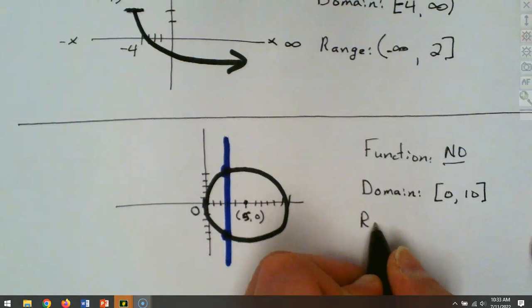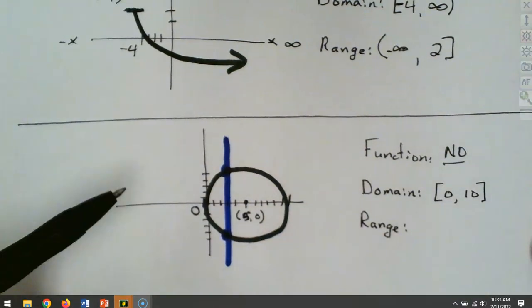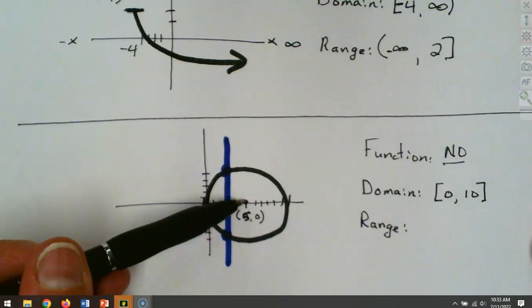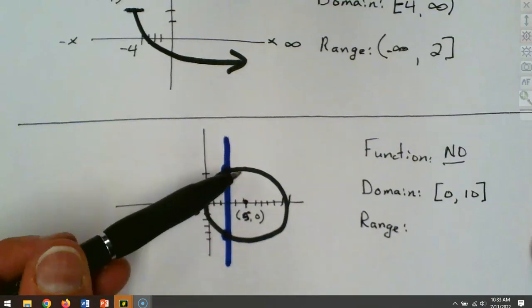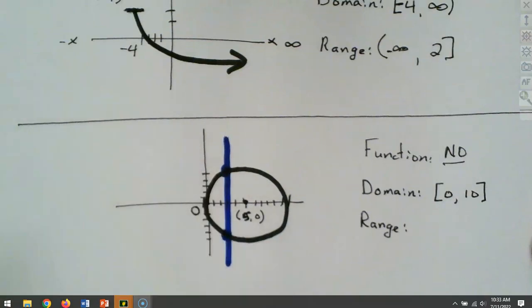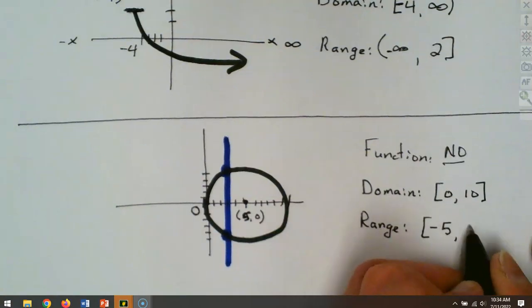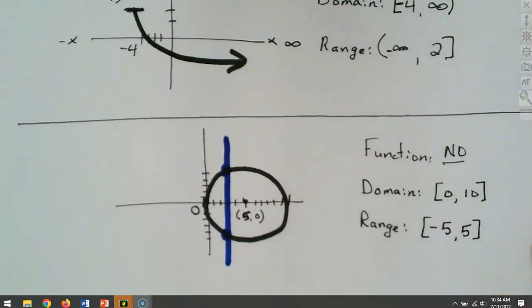What about the range, the y part, the up and down component? Well, the up and down component in the middle here is 0, so it's got to go up 5, and it also has to go down about 5. So my range would be negative 5 to 5. Is everyone okay with that? So between there, that's all you have to do.